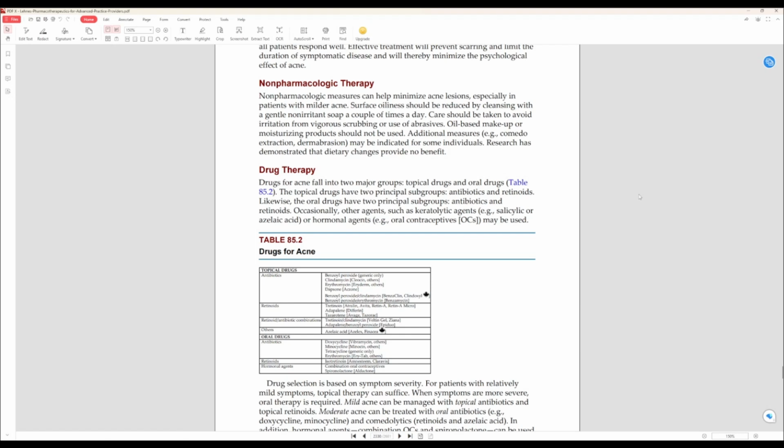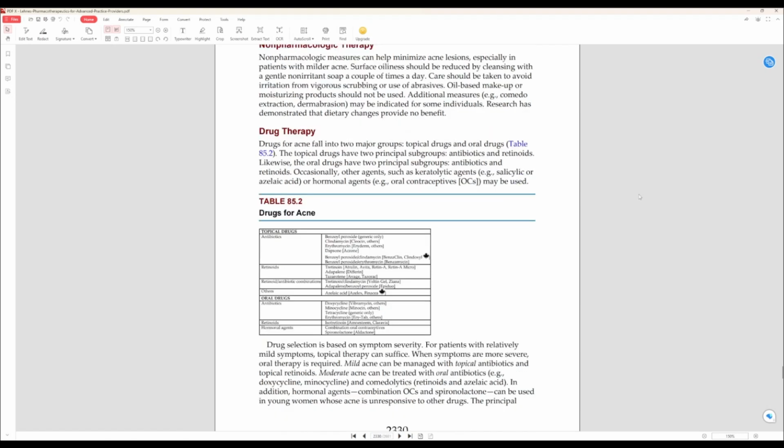Drug selection is based on symptom severity. For patients with relatively mild symptoms, topical therapy can suffice. When symptoms are more severe, oral therapy may be required. Mild acne can be managed with topical antibiotics as well as topical retinoids. Moderate acne can be treated with oral antibiotics and comedolytics, so again, your retinoids and azelaic acid.